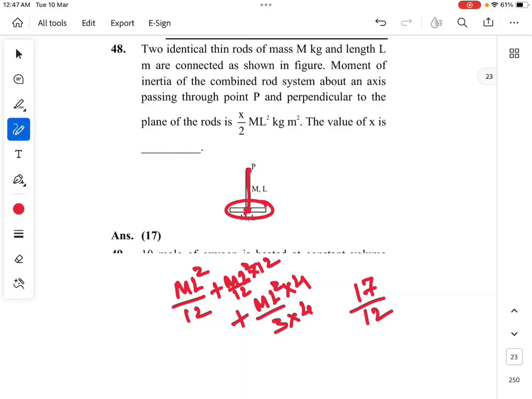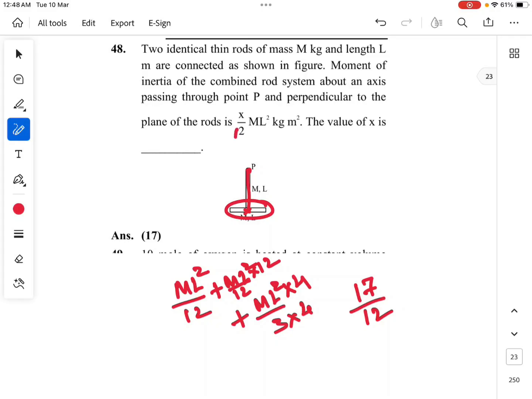Is it? Something went wrong, isn't it? I'm getting 17 by 12, but he gives x by 2.